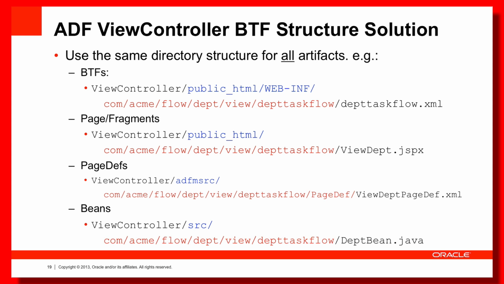So for example, for BTFs, it's ViewController public HTML web inf, and for beans, it's ViewController source. Putting those aside, the other directory structures that we've used here very quickly now make us realize what relates to what. And this shall help developers understand the artifacts that are basically intertwined or have dependencies in our overall ViewController application project.